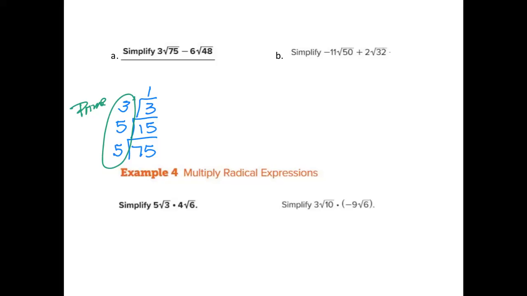So I'm going to rewrite that as 3 out in front. That 3 is already out in front. We still keep that. Times the square root of 3 times 5 times 5. Okay? Minus, big minus here. Make sure we keep that separate.